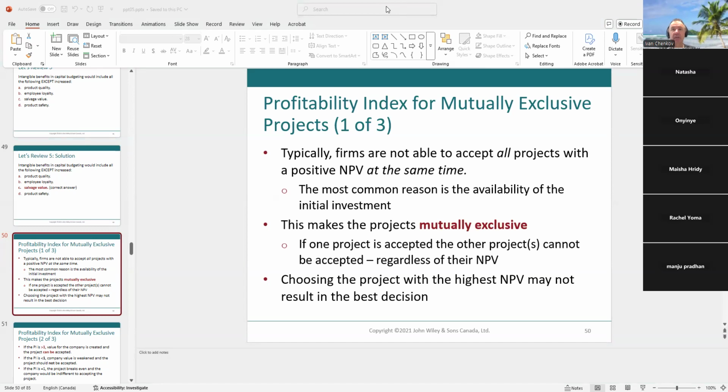And since net present value doesn't measure cash or anything like that, the question is, which project would you choose? The project with the highest net present value or the project with the lowest net present value? Don't forget, net present value doesn't measure cash or profit. So choosing the project with the highest net present value might not always be the best decision.